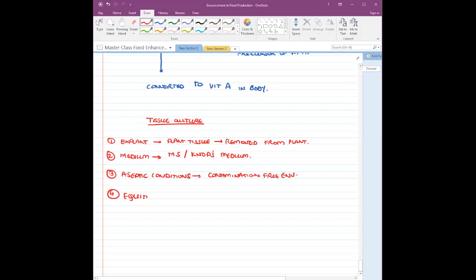Next, guys, we require equipment. With equipment we check whether the temperature is proper, whether the mixing is proper, whether the vortex is proper, whether the maintenance of your media is proper. So for all these things we require different kinds of equipment, equipment to check conditions.